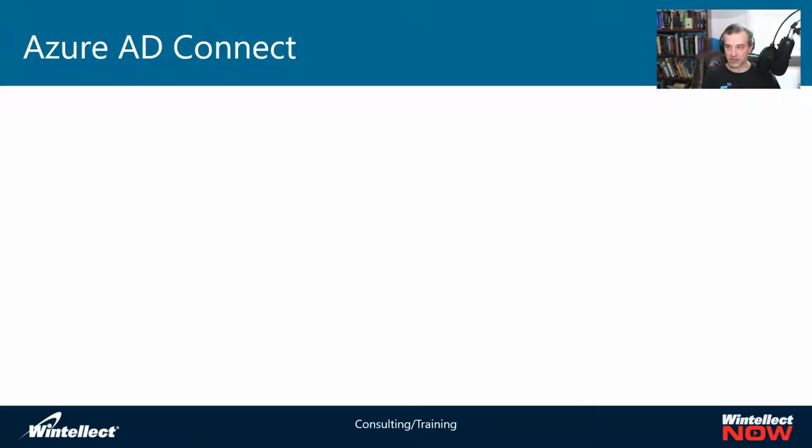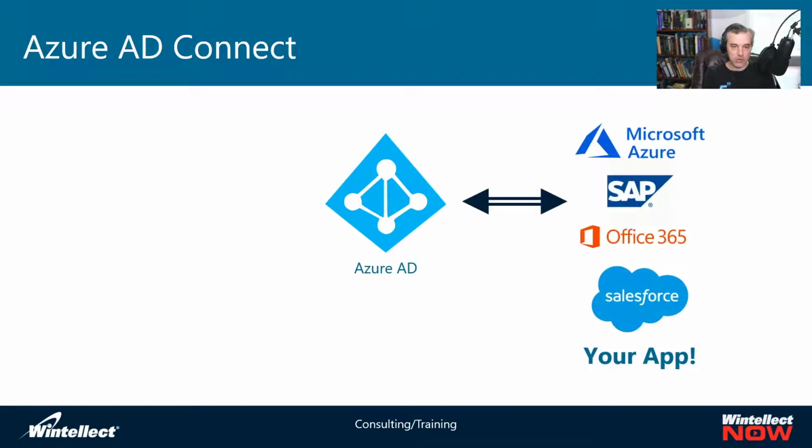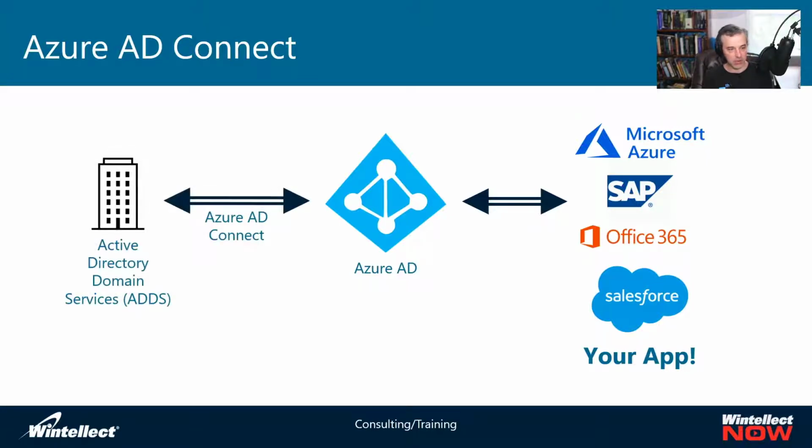Azure AD Connect has the ability to take something. Say you have your Azure AD tenant, and then you want to log into something on your applications. That could be SAP, Office 365, Salesforce, your custom app, even Azure itself. And you want to be able to use your on-premise Active Directory Domain Services, ADDS, and you want to use those identities on Azure.